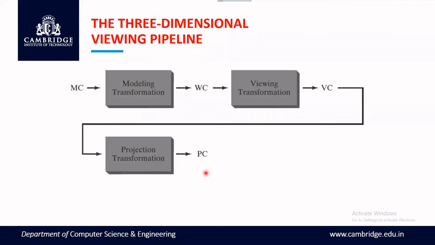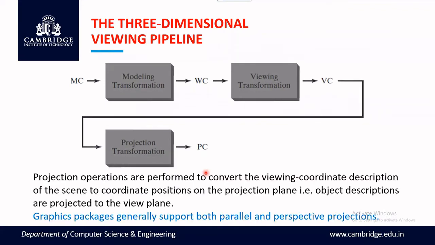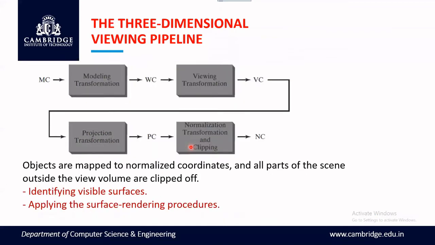We have two kinds of projections, parallel projection and perspective projection. Our graphics packages generally support both. So from the viewing coordinates, we apply the projection transformation and we get this scene in the projection coordinates.